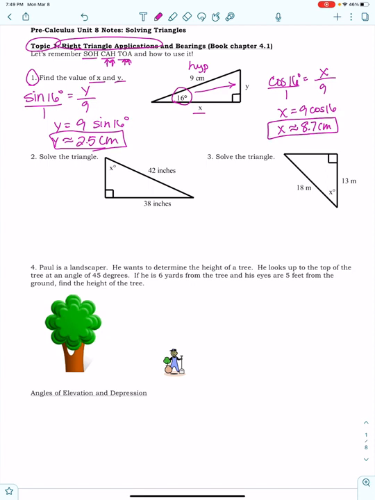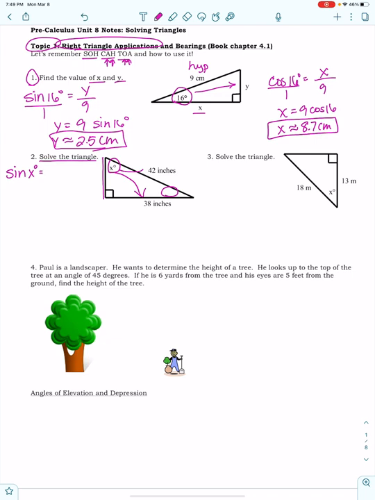Now on these, we are told to solve the triangle. So that means we're going to find everything that's missing. So we're going to use SOHCAHTOA, one of those, to find x, and then we can use the triangle sum theorem to find this angle, and we can use the Pythagorean theorem to find this side right here. So we're going to start with x, and 38 is opposite it, and that's the hypotenuse, so we're going to use the sine of x.